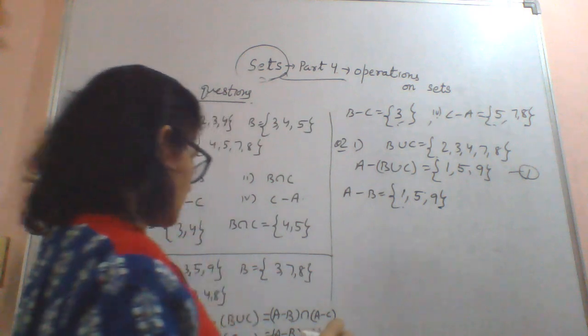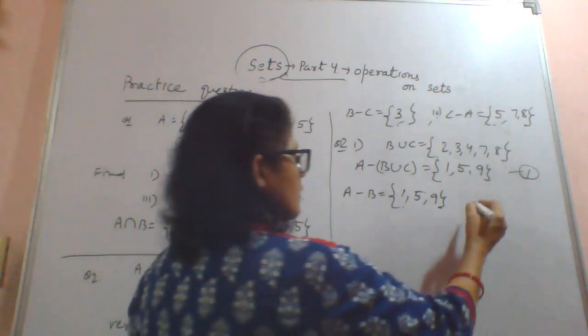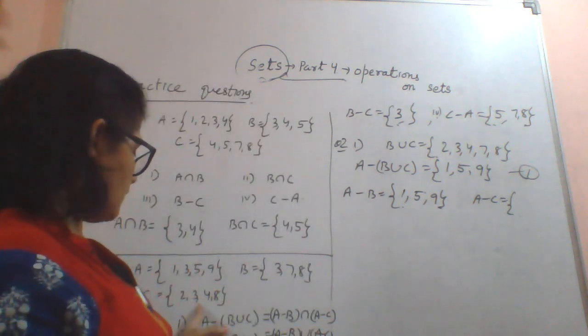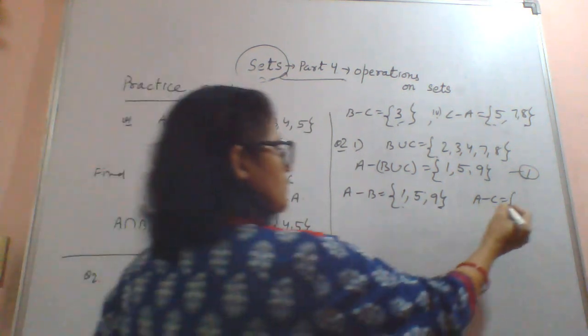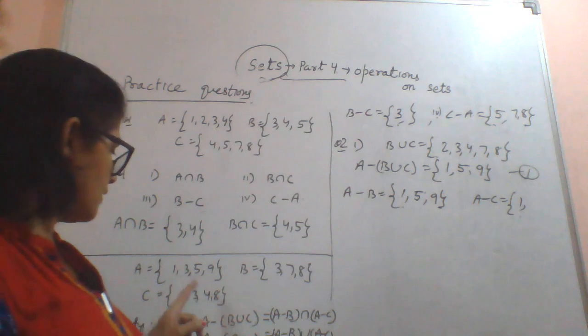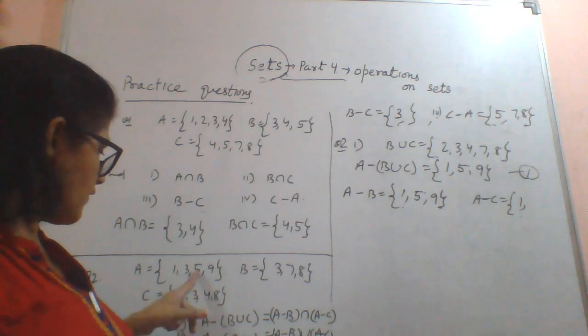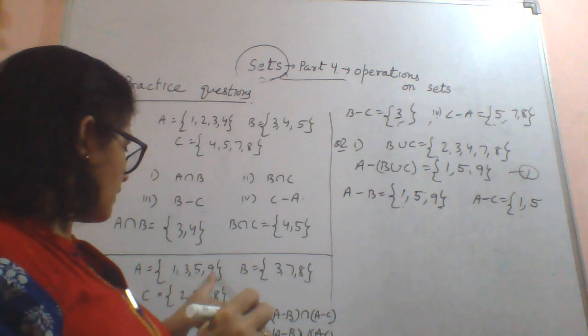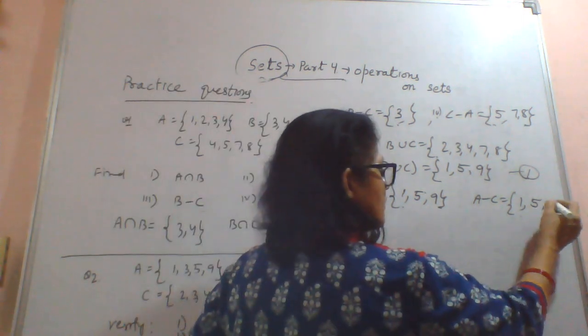Okay, A difference C: it will be in A, not in C. 1 we have to take, it is in A, not in C. 3 is there. 5 is in A, not in C. 9 is in A, not in C.